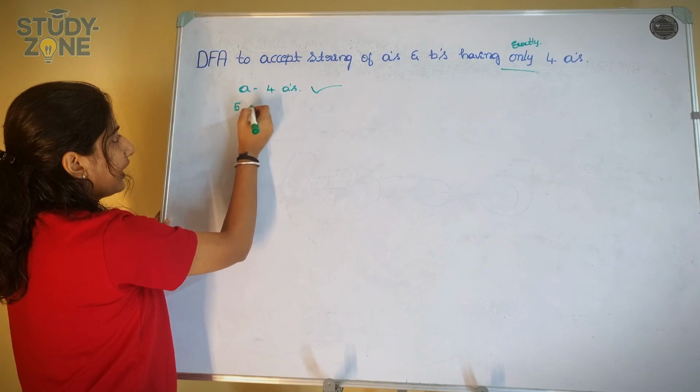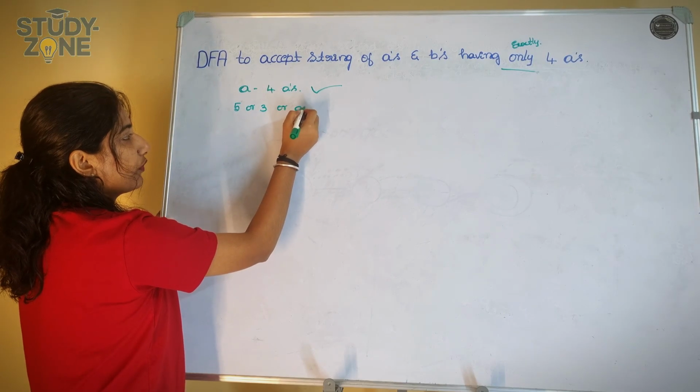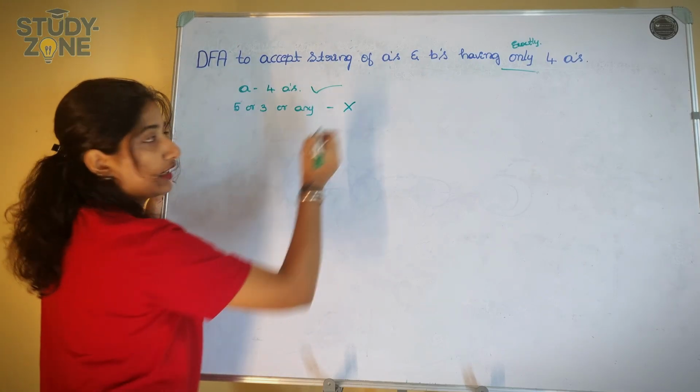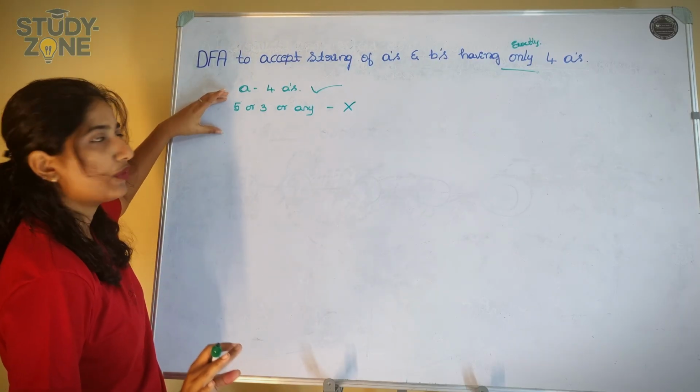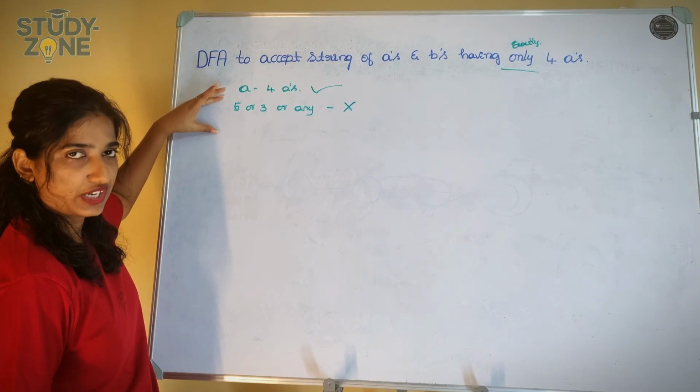If there are 5 or 3 or any number of A's apart from 4 A's, then this should get rejected. We should have exactly 4 A's, and if there is any other number of A's, it should get rejected.